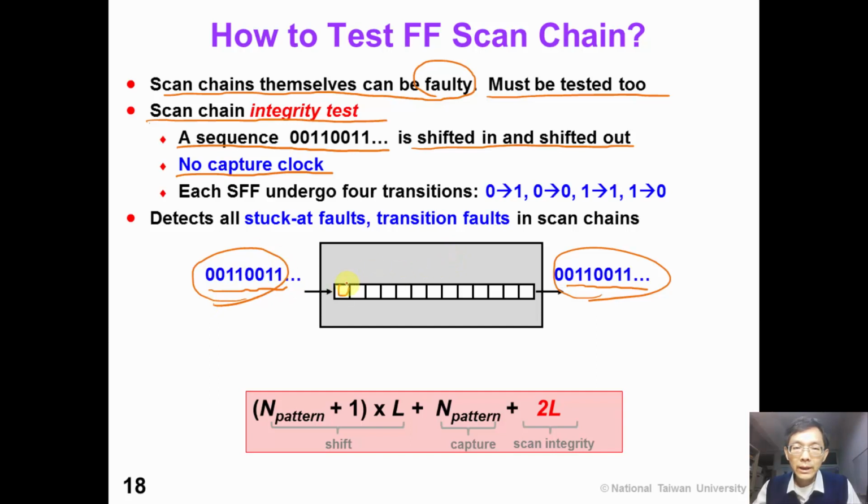When we apply this test, every scan cell in the scan chain undergoes 4 different transitions: 0 to 1, 0 to 0, 1 to 1, and 1 to 0. In this way, we can detect all the stuck-at faults and the transition faults in the scan chain. So the number of test cycles will be increased by 2L. 1L is for shift in and 1L is for shift out.